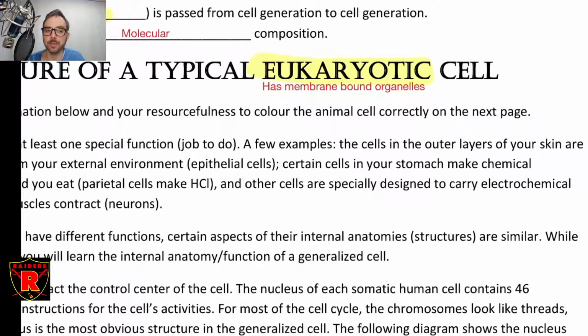There are small differences that we are pretty much going to ignore for the purpose of this course. But eukaryotes in general have fairly similar biochemical processes, especially when it comes to how they read DNA and use DNA. And so for our purposes, all of this stuff is going to apply to eukaryotes.